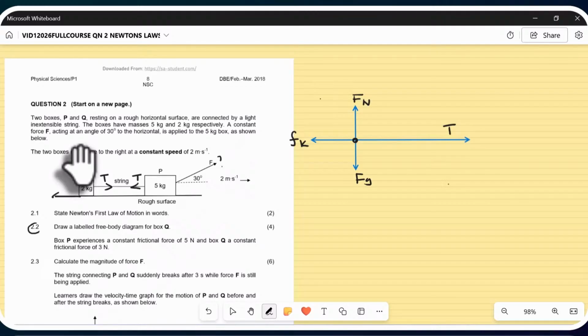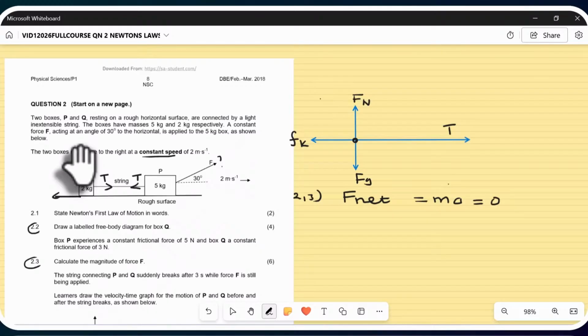We're going to say that our tension T minus frictional force equals 0. Because they gave us the frictional force for block Q, which is 3 newtons, T equals 3 newtons. Because the string is inextensible, it means the tension is the same throughout.